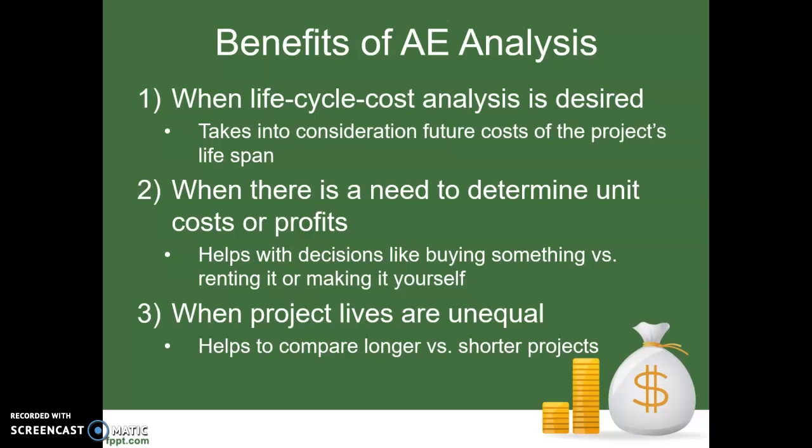For instance, the project is potentially profitable, but those profits don't come towards the end of the project. This type of analysis takes those profits and kind of evenly spreads it out over the life of the project, so you can get a better idea of its worth when you look at it on an annual basis.